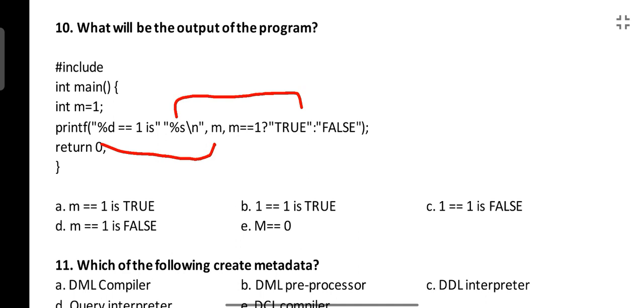So first it will print m, and the m value is 1. So it will be 1 equal 1. This text will be printed as it is. Then here we have to check: if m is equal to 1, then it will print true, else it will print false. So 1 is equal to 1, then it will print true, is true. So the option is B. 1 is equal to 1 is true.